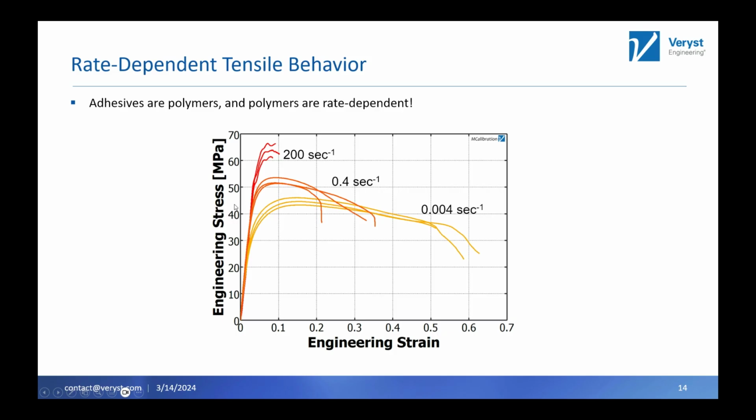And so that may be relevant for your application. You may have a material that fails under impact, but doesn't fail at all at quasi-static conditions, based on these differences in behavior. That can really reflect how we might think about changing the design to accommodate this expected behavior for a material.